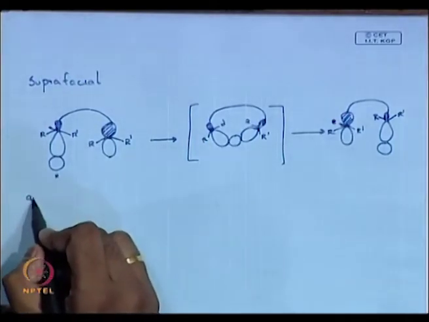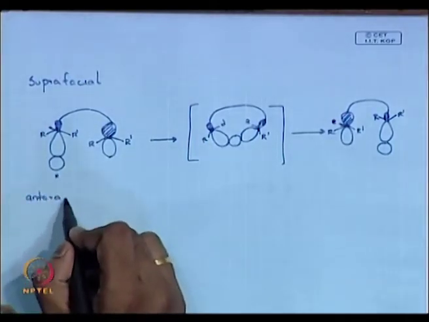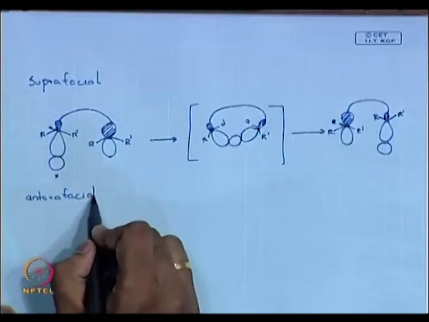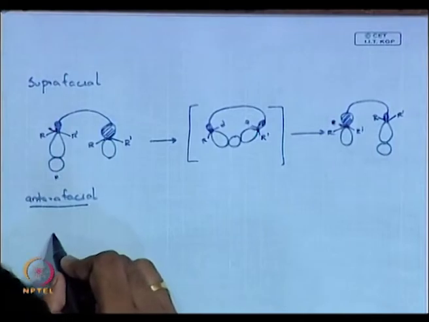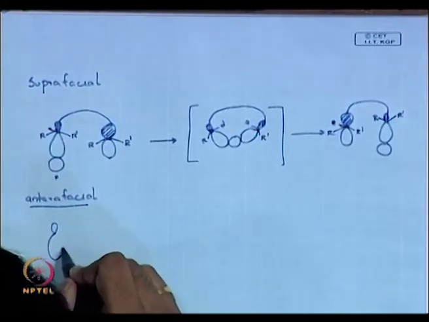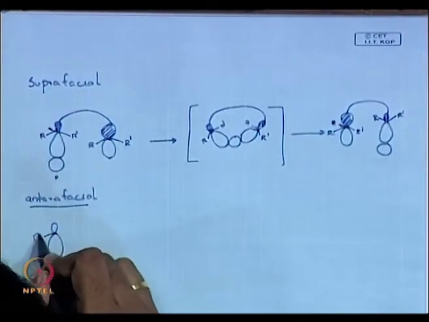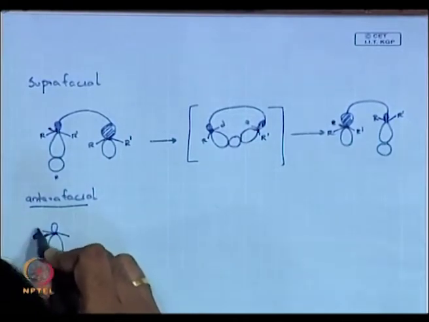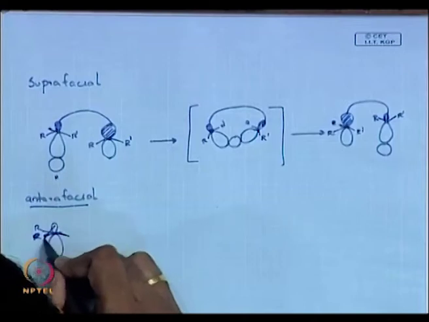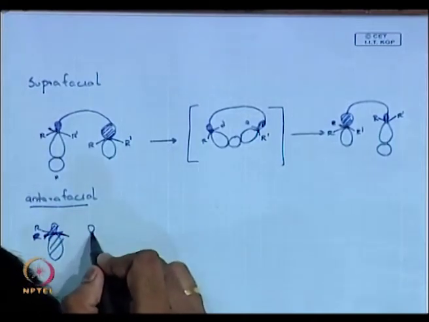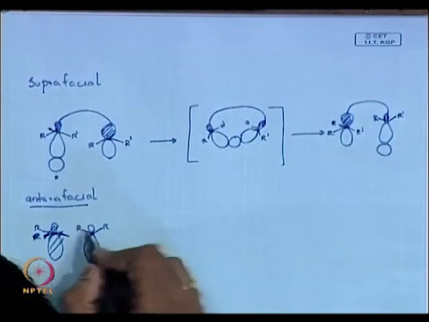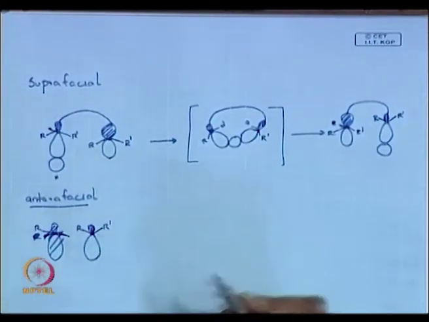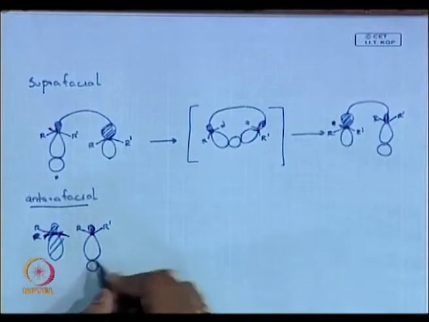Can you draw now antarafacial? Any idea? I will just give you the picture. Okay, most of the time if this R should be in the, okay, I have a hydrogen here.